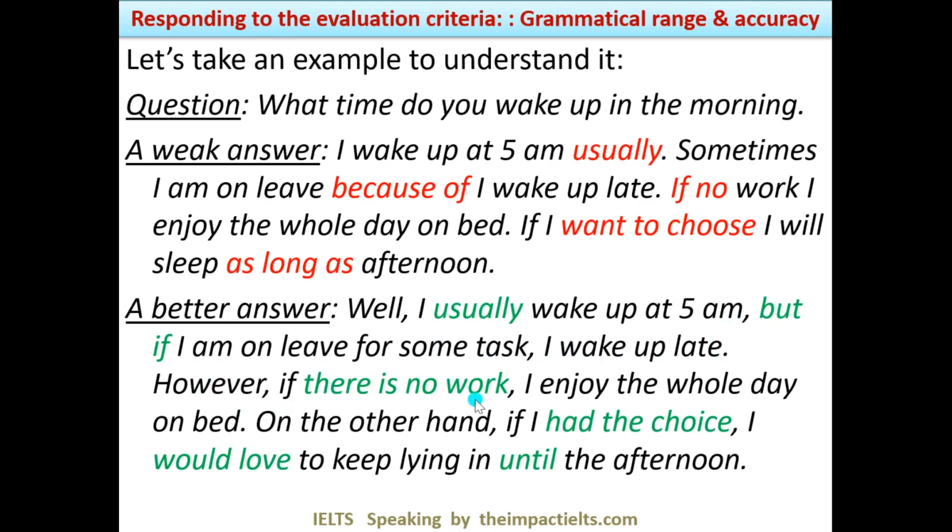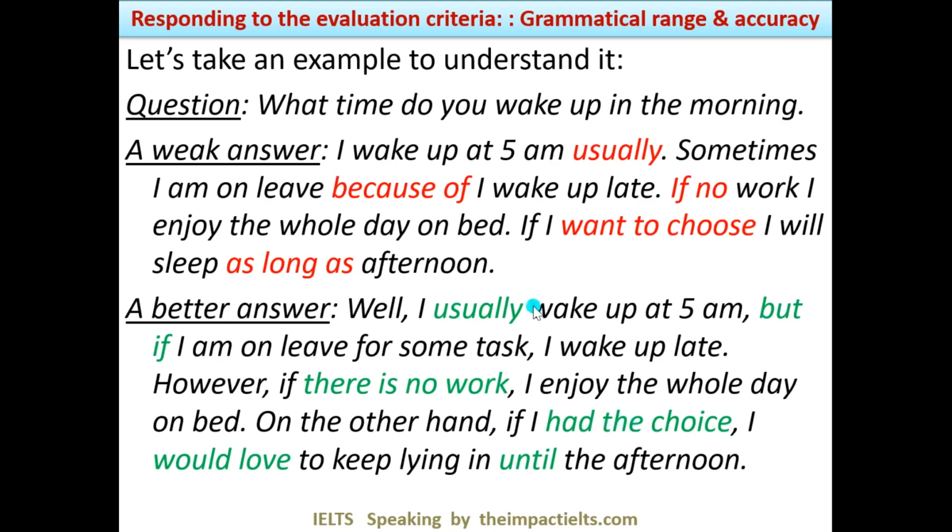If there is no work, again a complex sentence, you can see that if there is no work, I enjoy the whole day in bed. So again there is a combination of two sentences. On the other hand, if I had the choice, instead of saying 'if I want to choose,' which seems too cheap, right? So 'if I had the choice,' I'm using different grammatical devices.